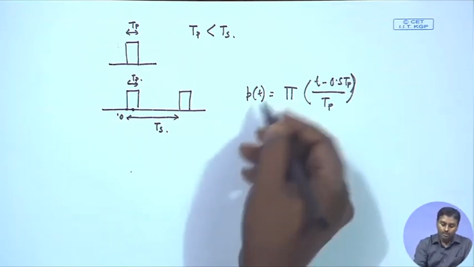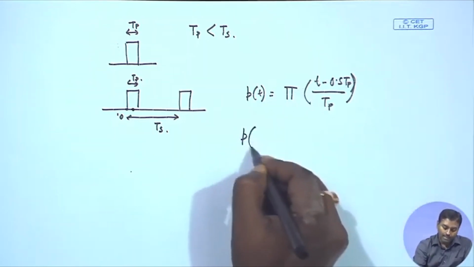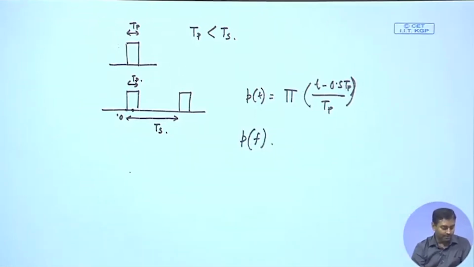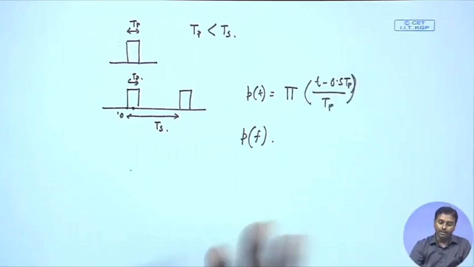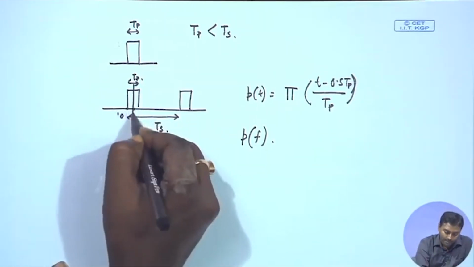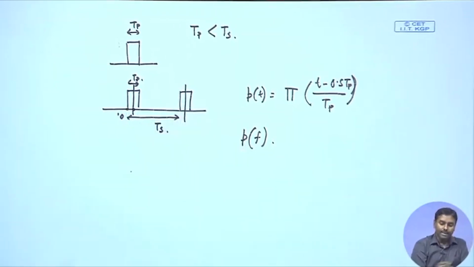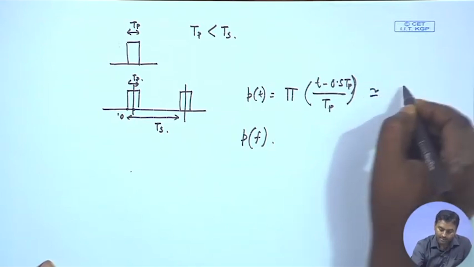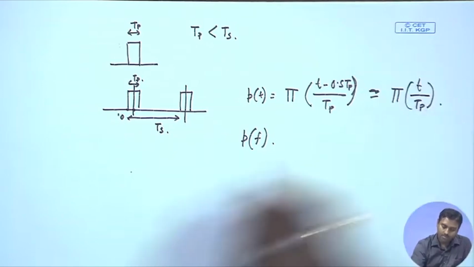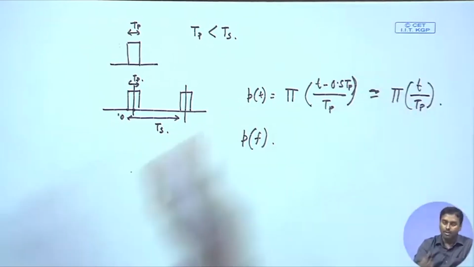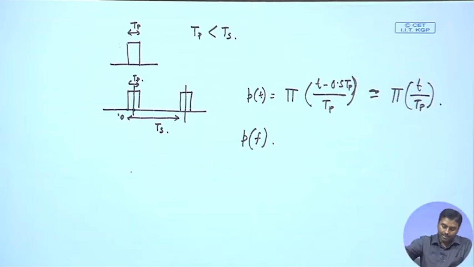For a box function I can always generate the corresponding P f. How do I get that P f? This is just a delay, so we can even ignore that part. If I describe my pulse like this, I can write it as pi of t by T p.